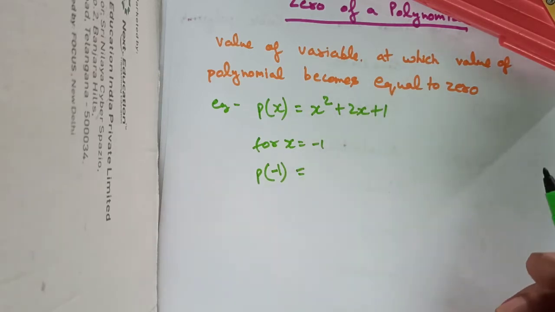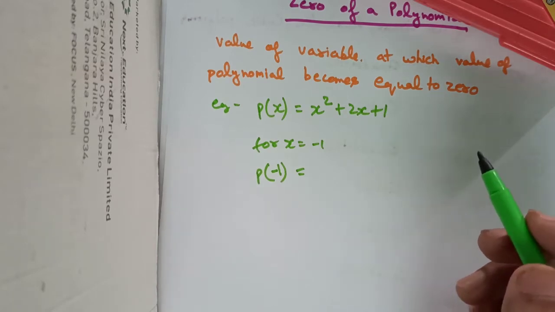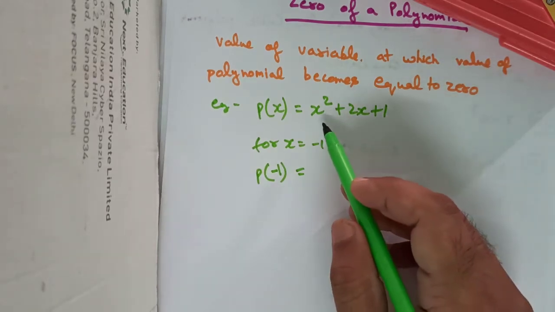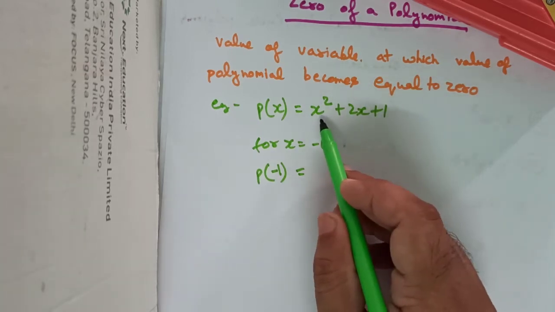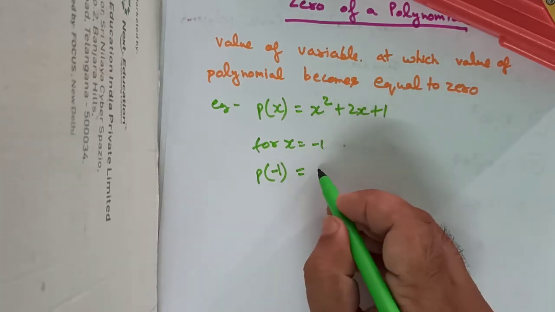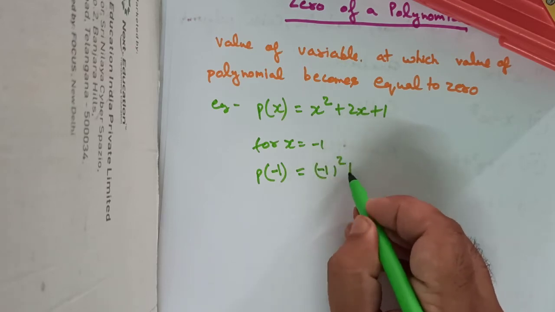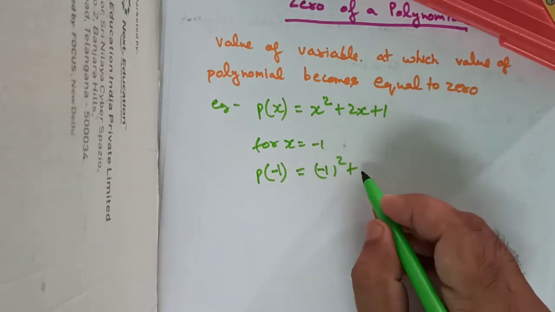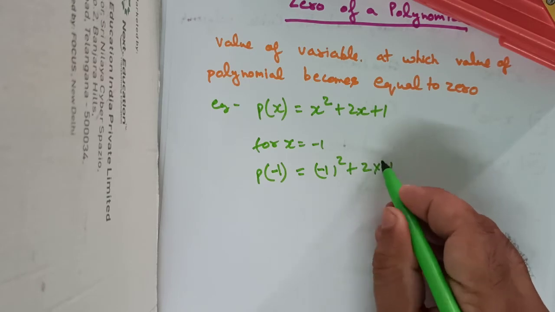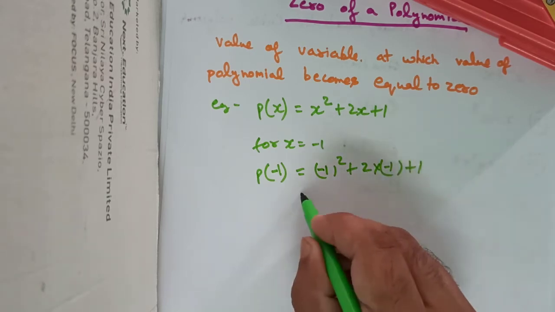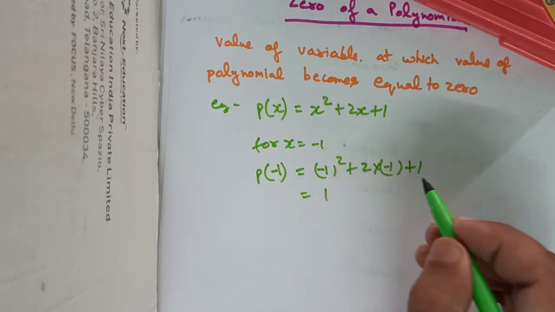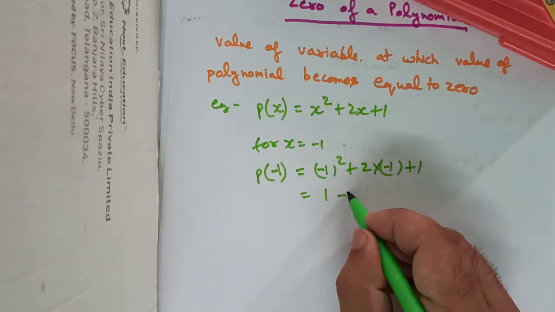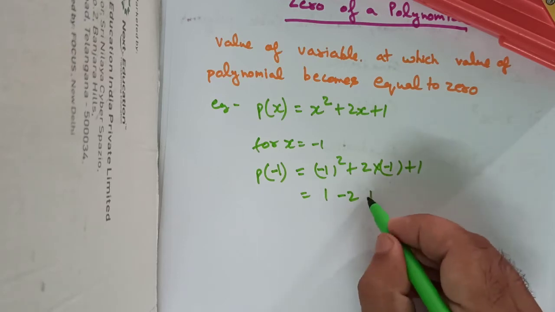Now what will be the value of this polynomial at x equals minus 1? The value of x is minus 1. So the first term x square becomes the square of minus 1, plus 2x becomes twice of minus 1, plus 1. The square of minus 1 will be plus 1, and plus 2 multiplied by minus 1 will become minus 2, again plus 1.